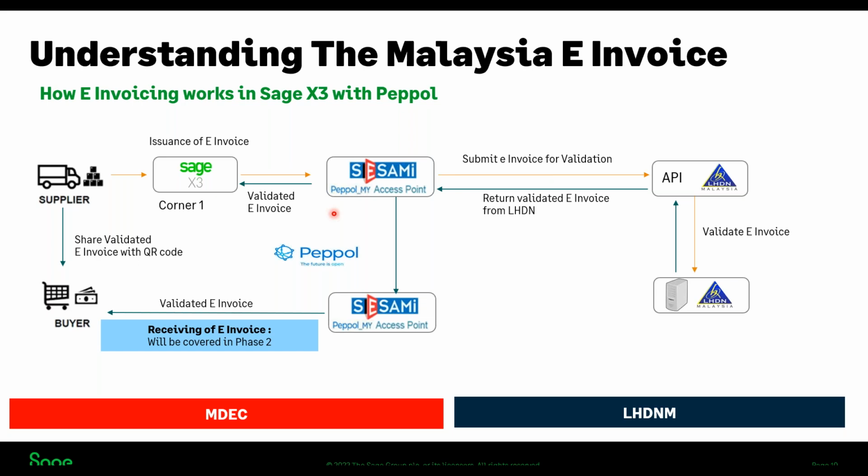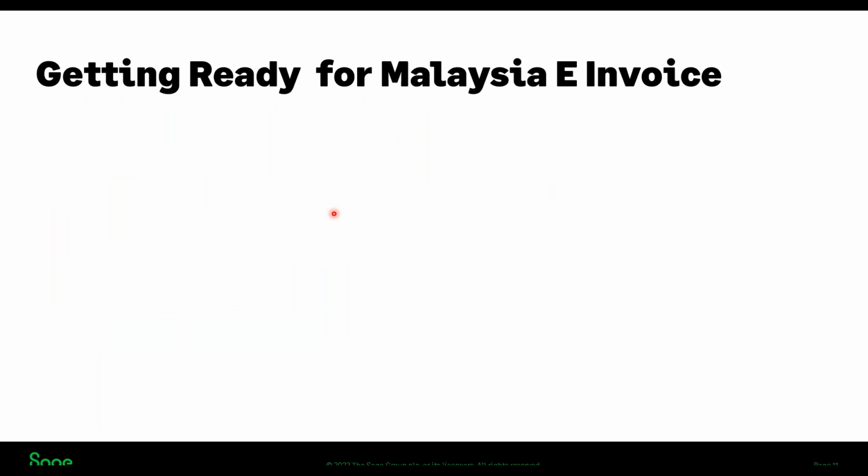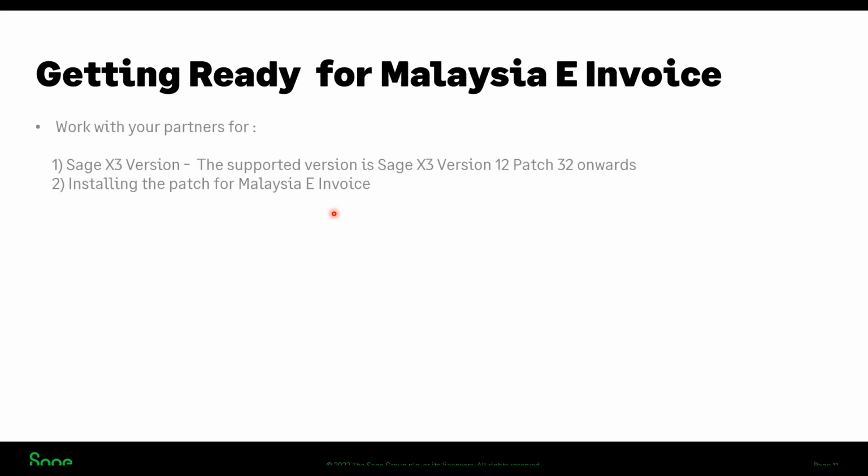Okay, all right, so getting ready for the Malaysia e-invoice. What needs to be done from your side? We have prepared some checklists for you to look into, so that when you come back from this webinar, you have some idea of what information you need to fill in. Number one, you have to work with your partners in Sage X3 to make sure that your Sage X3 version is at least version 12 patch 32 onwards.